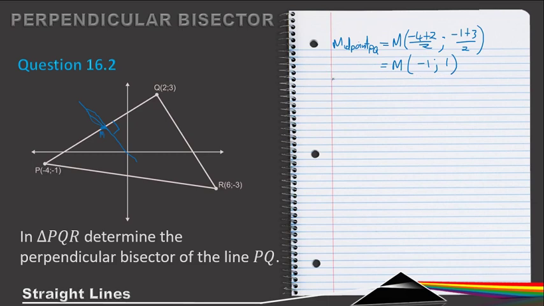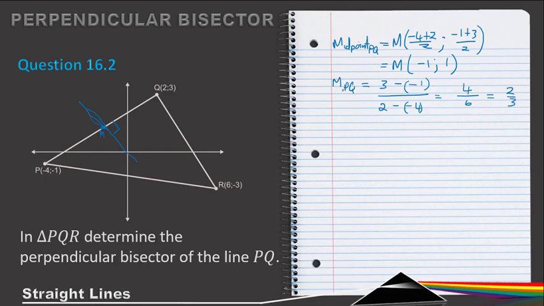And then for my gradients, now I need to find the gradient of PQ. So this is the change of y, which is 3 minus negative 1, over 2 minus negative 4. Let's simplify that. This becomes 4, and this becomes 6, which is then 2 over 3.